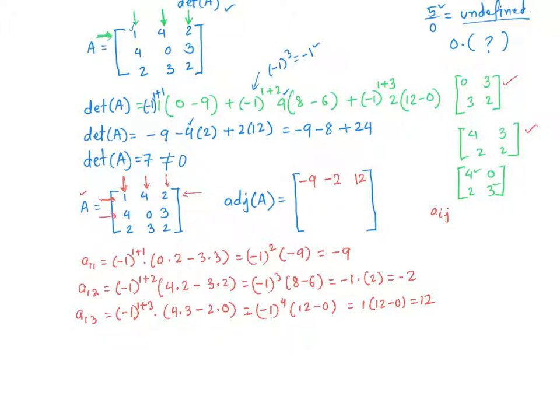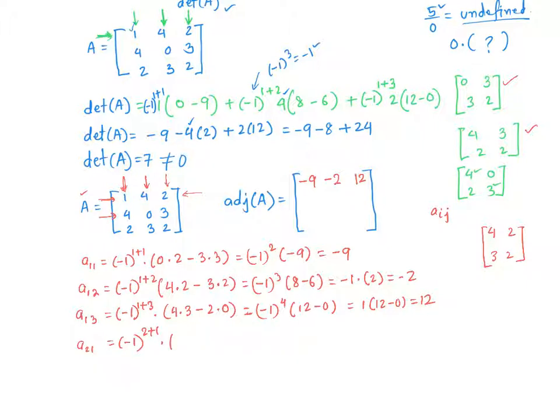So second row, first column, so it's going to be A21. It's going to be negative 1 raised to the power 2 plus 1 times, so if we ignore the second row and first column, we get the matrix 4, 2, 3, 2. And the determinant of that is going to be 4 times 2 is 8 minus 3 times 2 is 6.